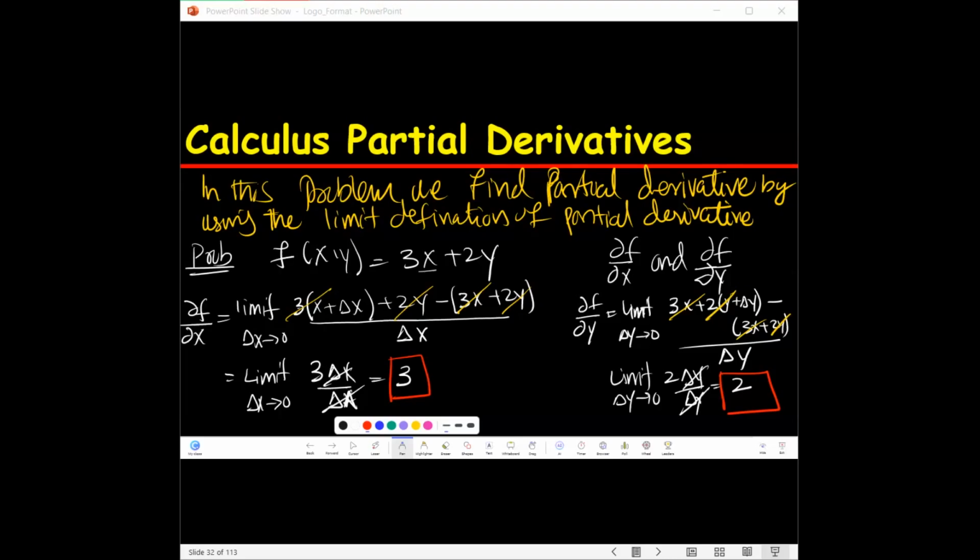The new topic I'm going to introduce is called the quotient rule.